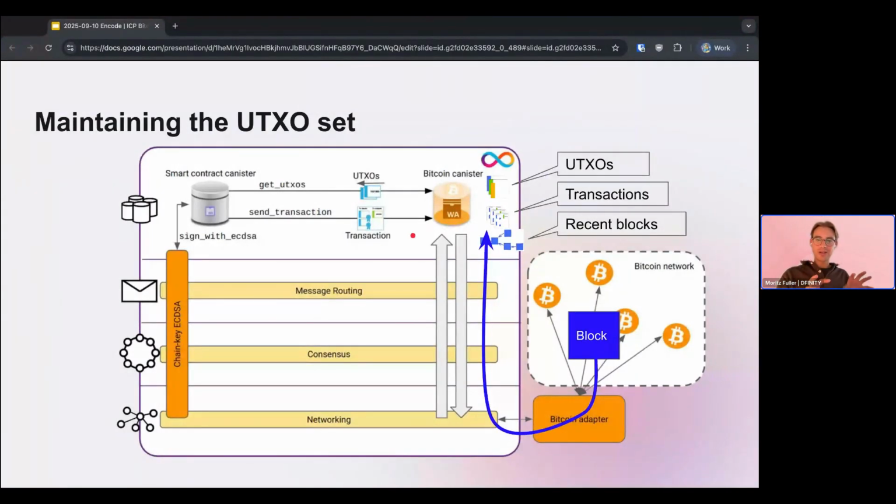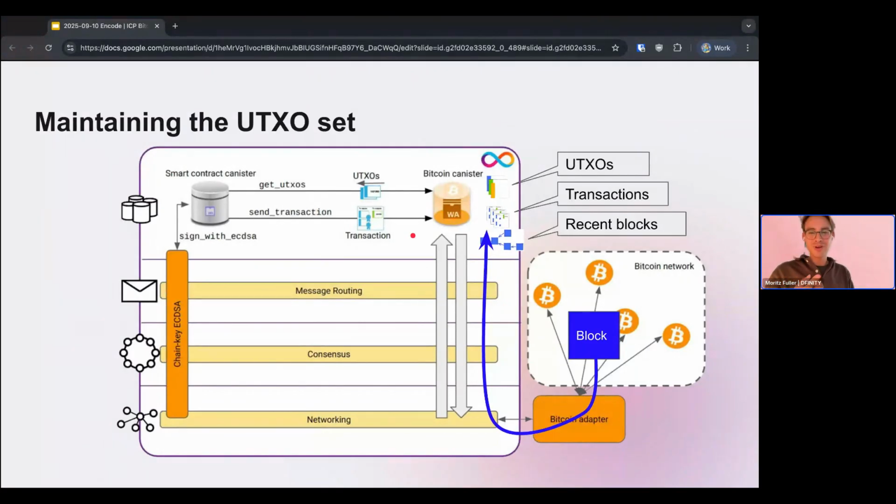The Bitcoin adapter runs on every node in the subnet, as you saw, there are many nodes in a subnet, and every single one of those nodes has this adapter running. If the adapter running on a node sees that the Bitcoin canister wants successor blocks to a specific block height, it obtains those latest blocks from the Bitcoin network. They talk to Bitcoin nodes and say, hey, what blocks can you give me past this block height?